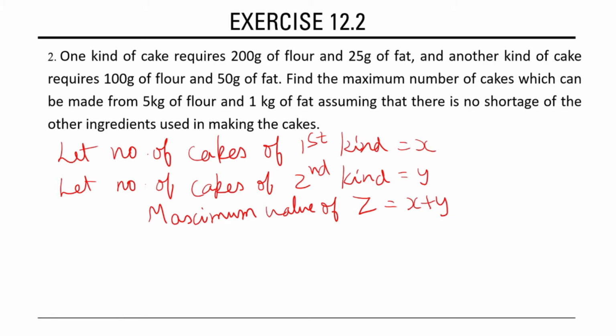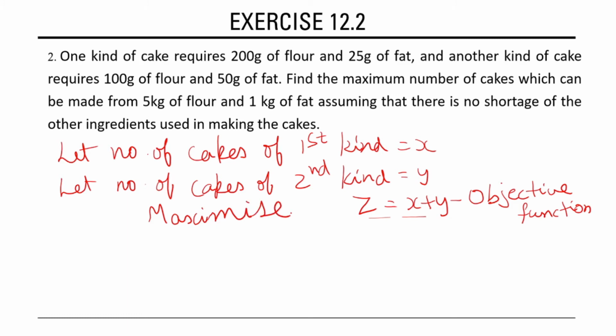So this is called the objective function. So what is our objective, or what is our aim? That is our objective function. So maximize z is equal to x plus y is our objective function.